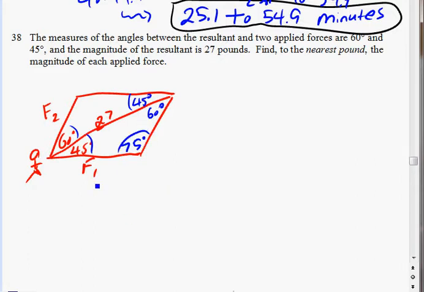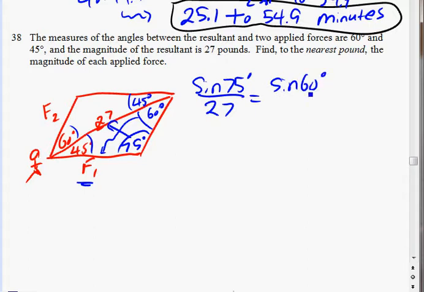Now, to find F1, we can use the law of sines over here. We have one angle, 75 degrees, opposite 27, and 60 degrees is opposite F1. So we set up the law of sines: sine 75 degrees over 27 equals sine 60 degrees over F1, force 1.